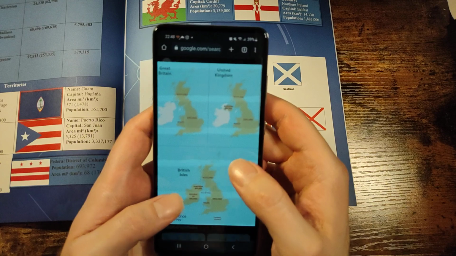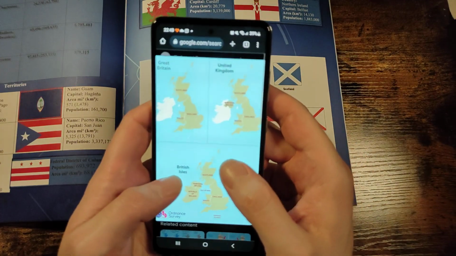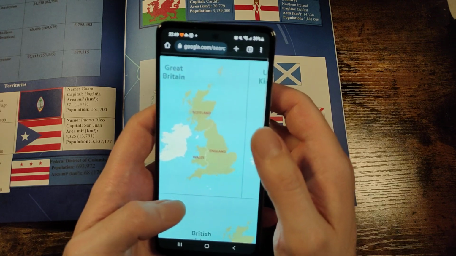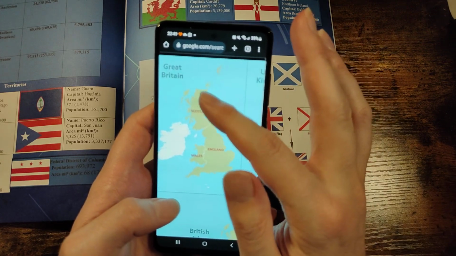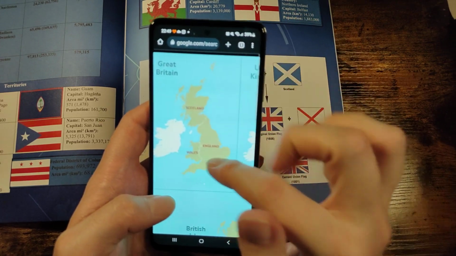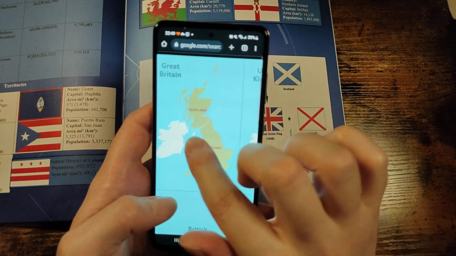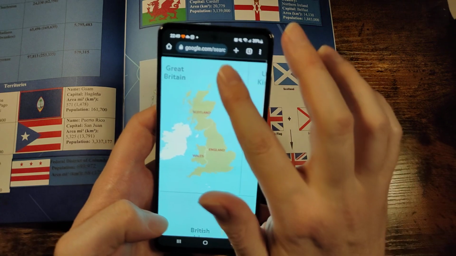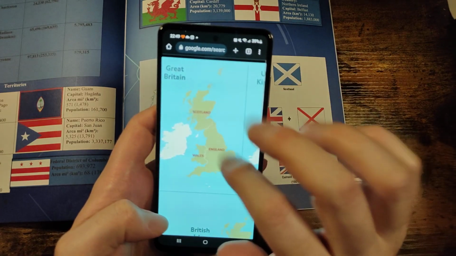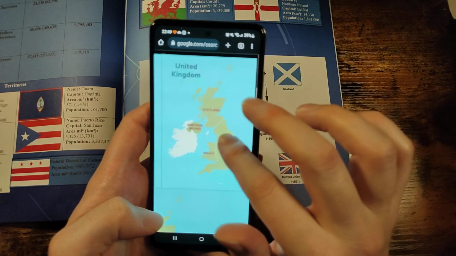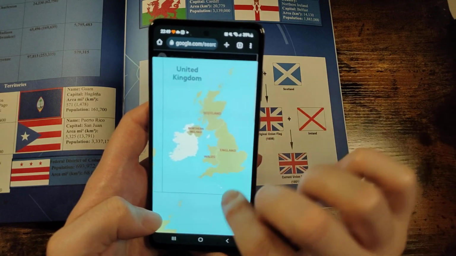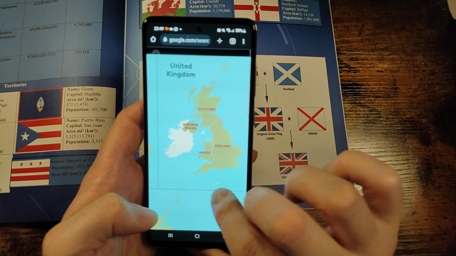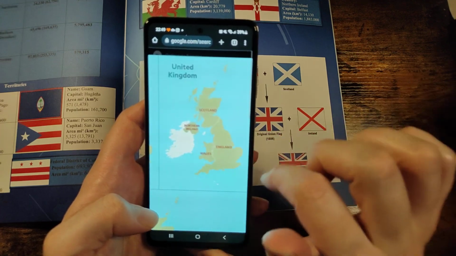Okay, I found one. So, Great Britain, or Britain as I just call it by short form, is just Scotland, England, Wales, not Northern Ireland, not Isle of Man, not the Channel Islands, but actually the islands of Scotland are included. United Kingdom, no Isle of Man, no Channel Islands, but we do include Northern Ireland.